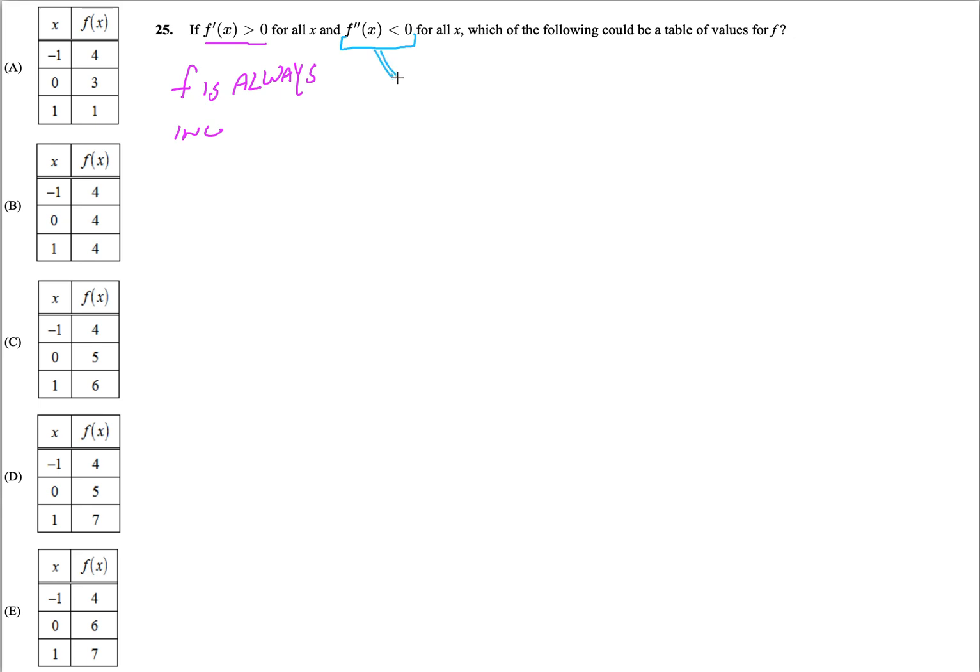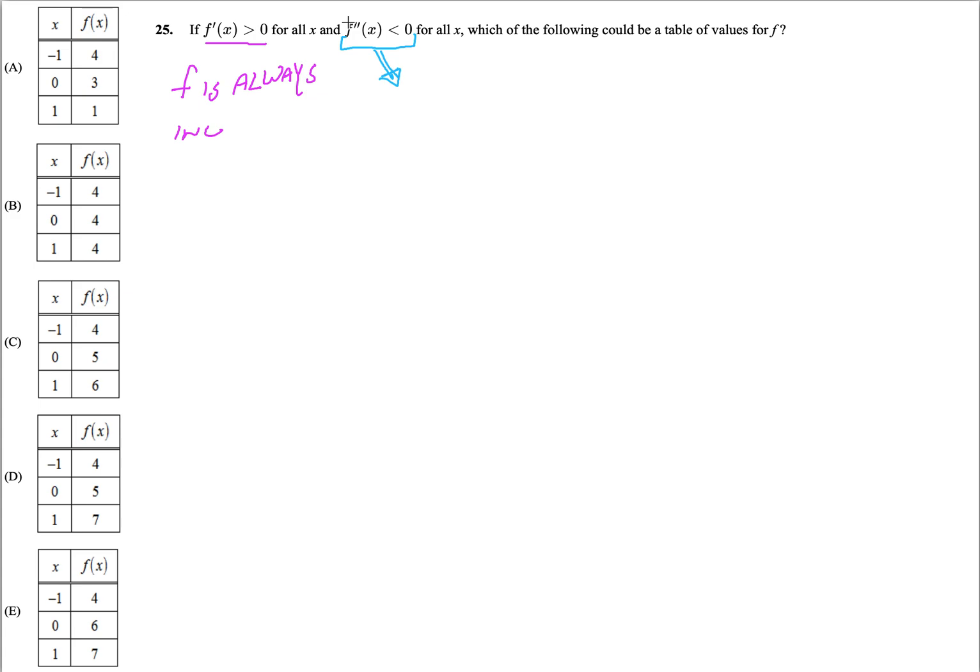So this second piece of information says the rate at which f is increasing is decreasing. So that means that it's increasing, but the amount of increase should get less and less over time. Okay, because the second derivative is just the derivative of the derivative, right?